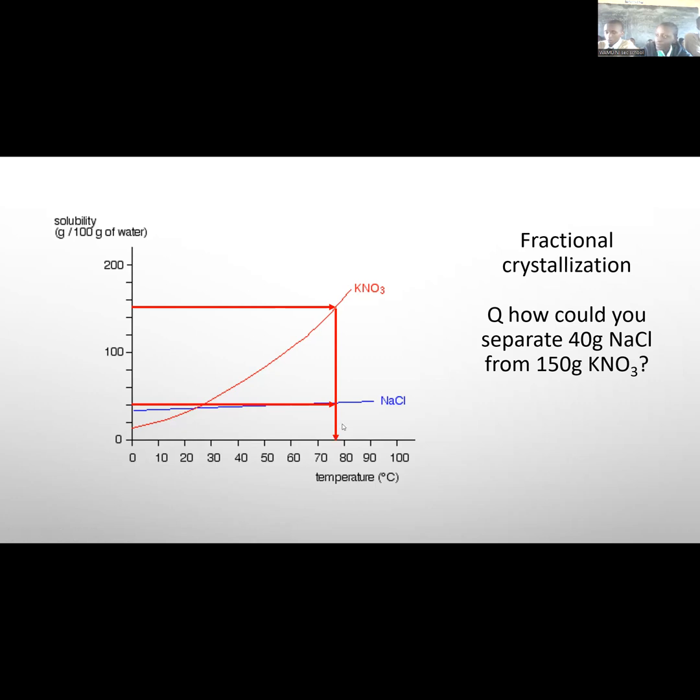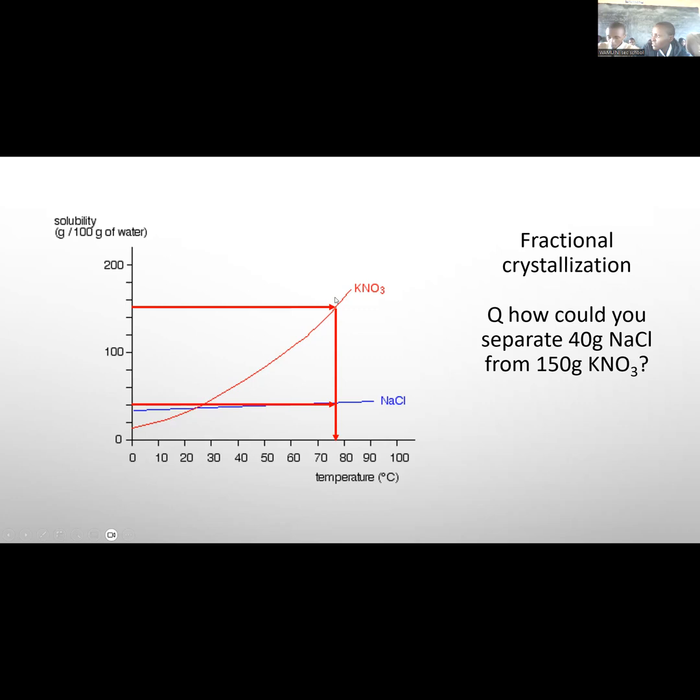What will happen if I start to cool them? Well, potassium nitrate, as I cool it, most of the potassium nitrate will stop being able to be soluble in water, down until I get to a temperature of about 24 degrees Celsius.